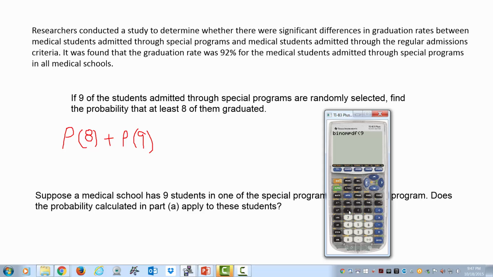So there's 9 total, comma, the probability, and it has to be in decimal, 0.92, comma, how many selected, 8, and then press enter. But remember, I have to find 9 as well, so I have to do second vars down to the binomial, enter, and now I want 9 comma 0.92 comma 9.